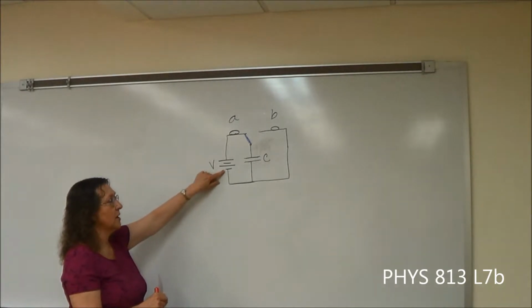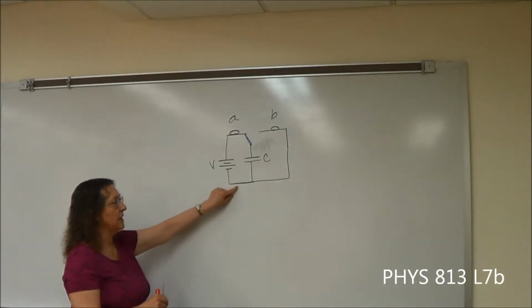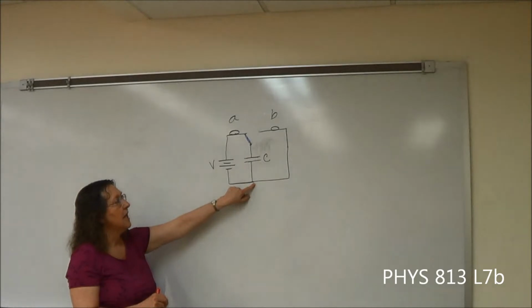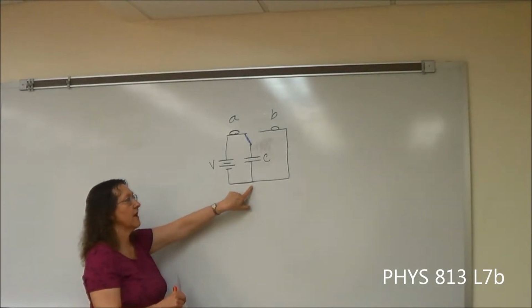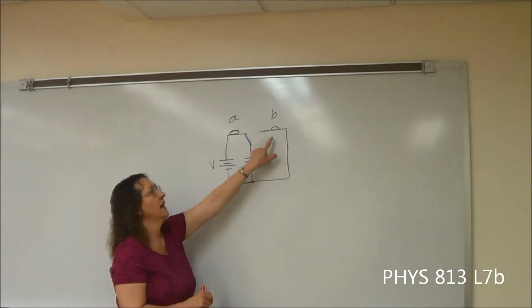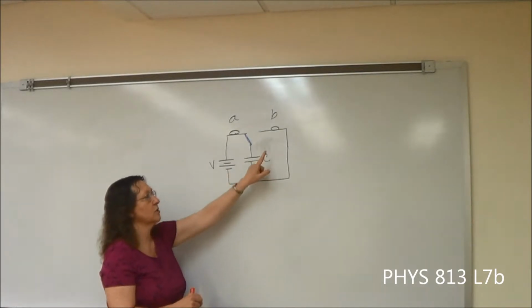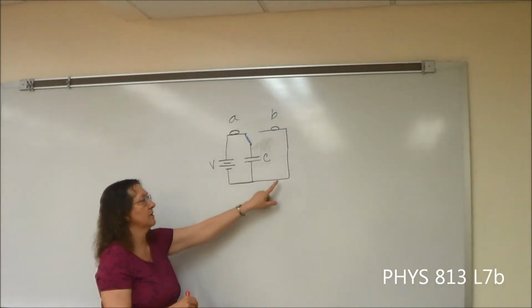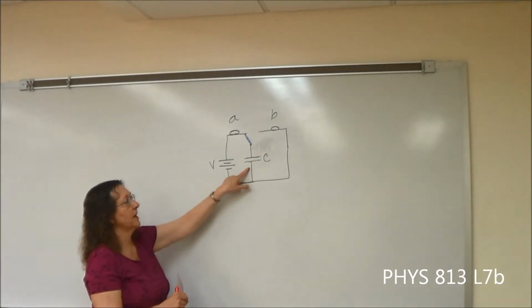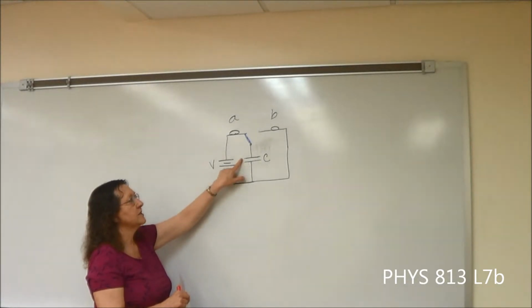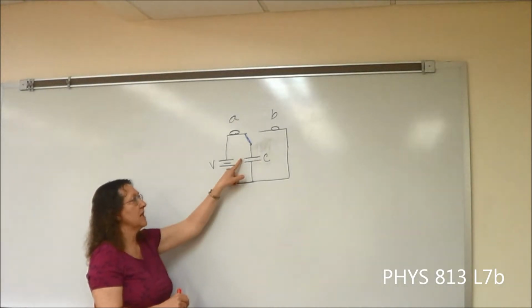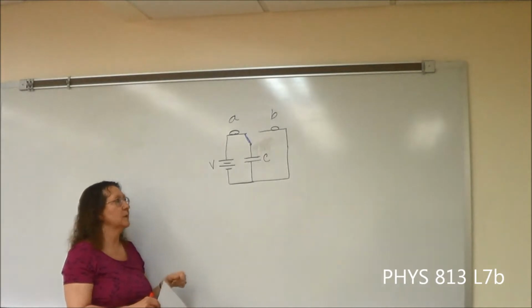So electrons come out the negative side of the battery, come over here, and somehow they realize that this is not a complete circuit, so they don't go this direction. They go up this direction. Now, the symbol for a capacitor is drawn that way for a reason.